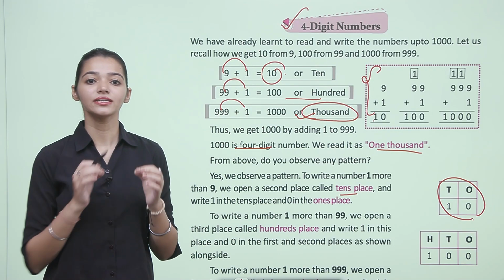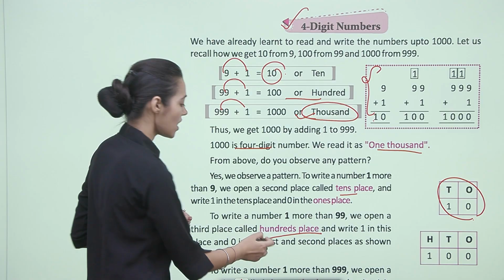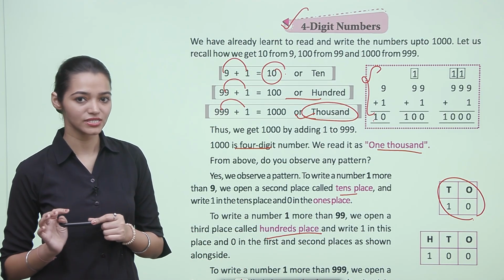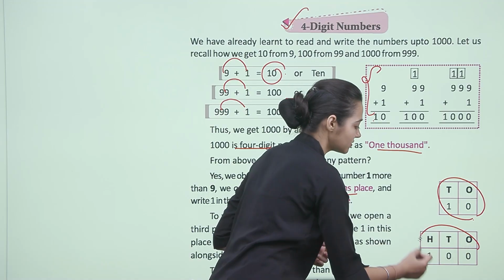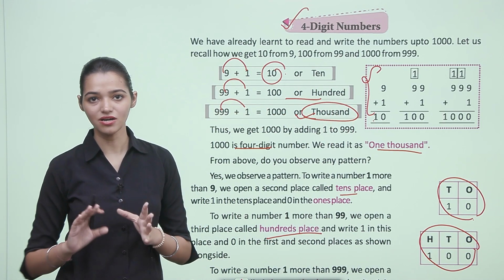When we write a number 1 more than 99, we get a third place, that is the hundreds place, and we write 1 in this place and 0 in the first and second places, like this. So this is our 100 in the hundreds place.